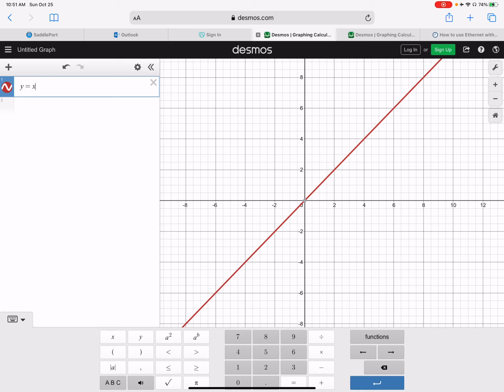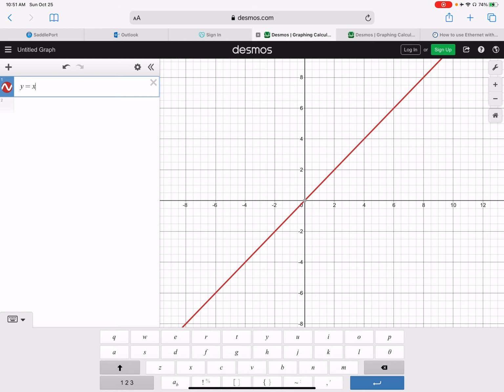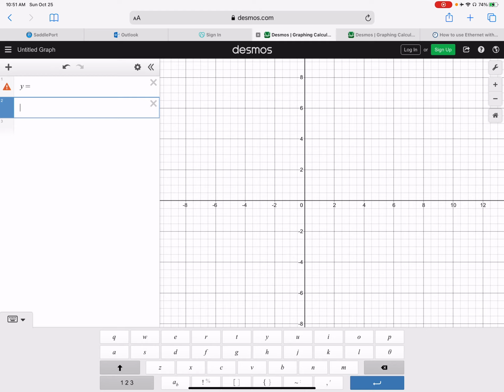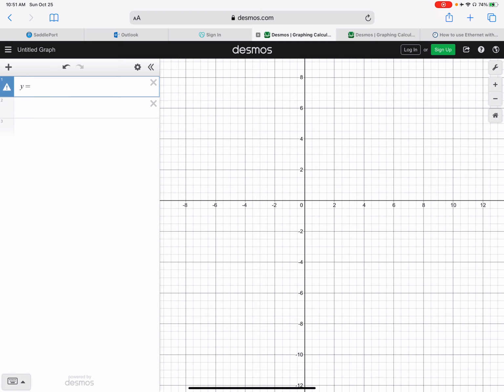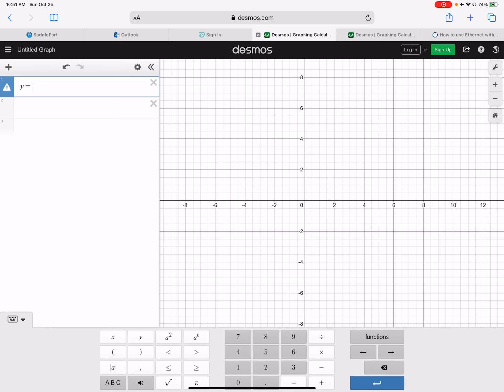So x cubed. Shoot, I didn't figure out how to do this in advance. So x cubed. I'm looking for a caret symbol and I don't seem to have that.